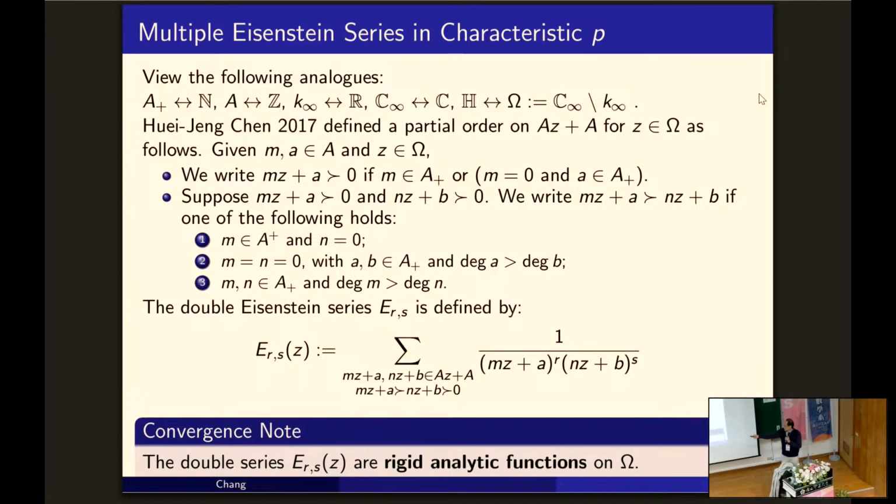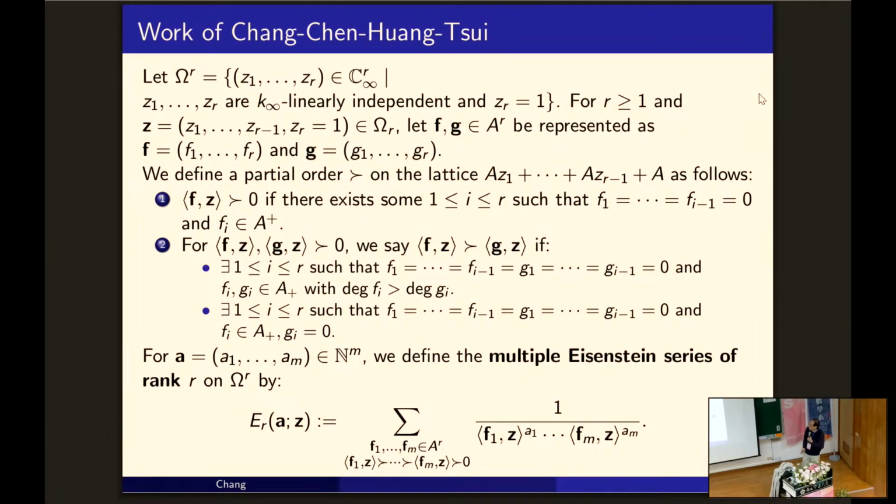So actually, there are rich analytic functions on this twin field upper half space. So this is the work of, and the students' work is that actually once you know how to define depth 2, then you can generalize to higher depth.